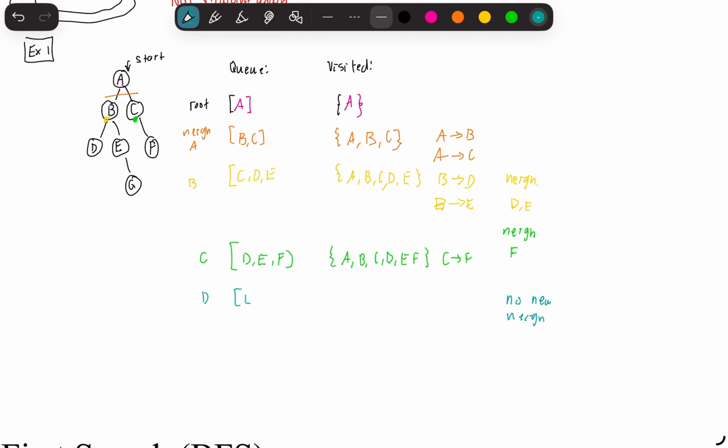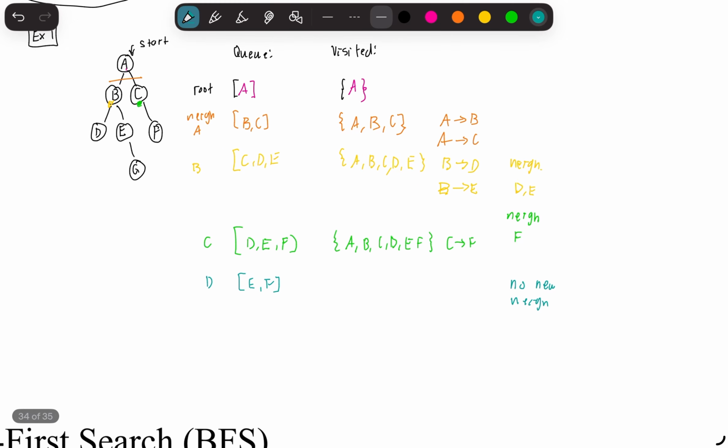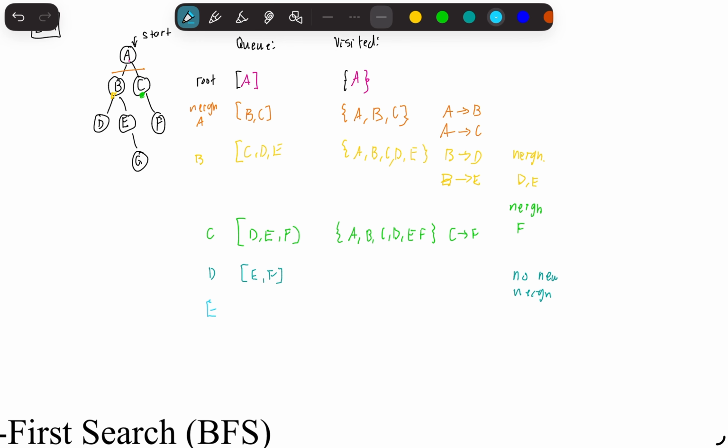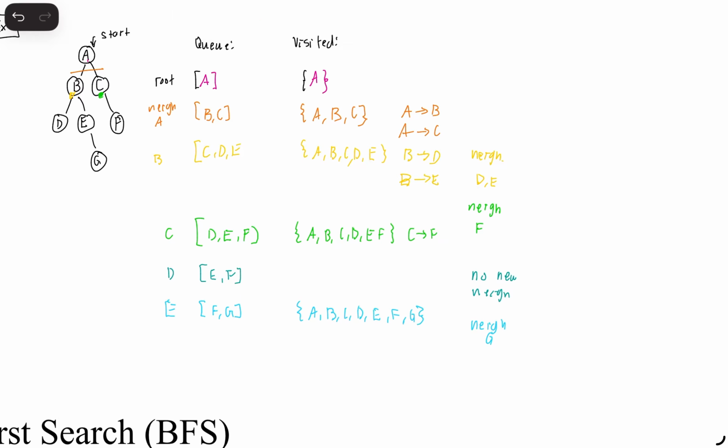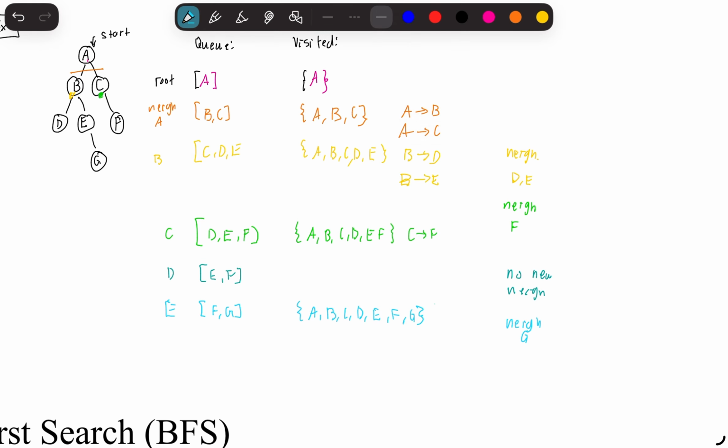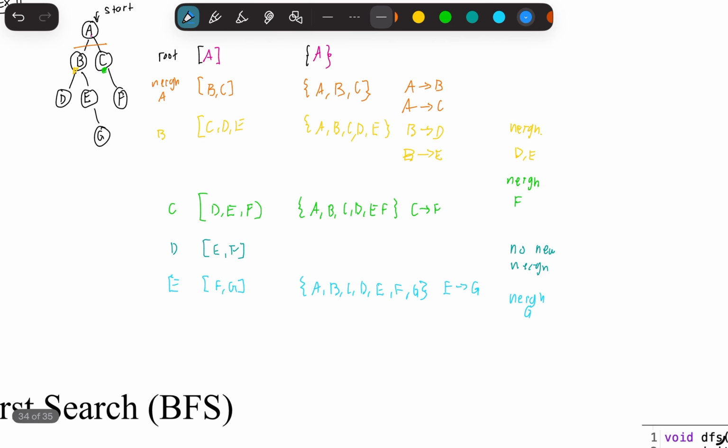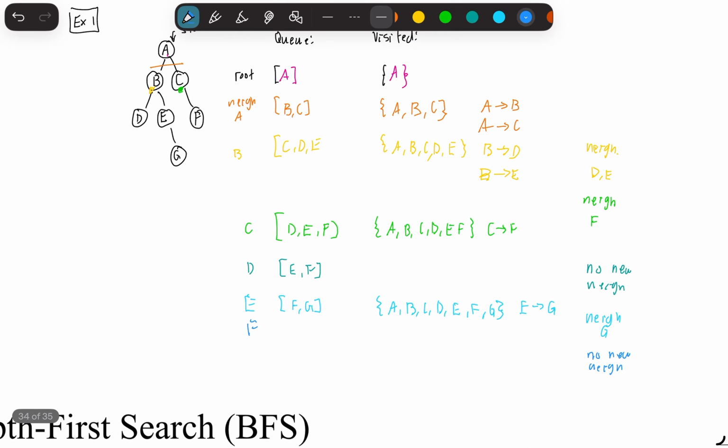So your queue is going to be E, F. And then we're going to visit E. So your neighbor is going to be G, and your queue is going to be F, G. Now we're going to have visited A, B, C, D, E, F, G. And in your BFS tree, we're going to map this as a connection of E pointing to G. Now we're going to visit F. So F has no new neighbors. So we're done here. Now our final tree is this.